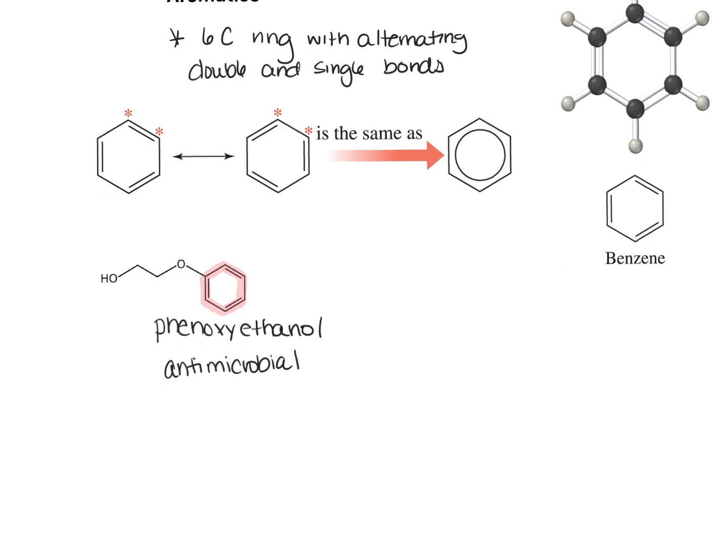And so it's really effective against several different types of bacteria as well as the yeast, right? So it's also used a lot of times as an antifungal. So overall, it's used as a preservative to keep your cosmetics from spoiling. This is a pretty common antimicrobial or antifungal. So if you look at your cosmetics bottles, you should see this on some of your bottles, particularly your shower gels and things like that.